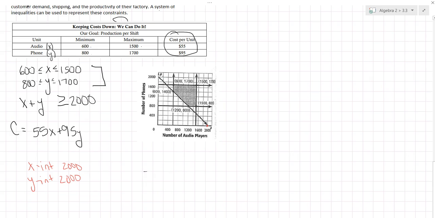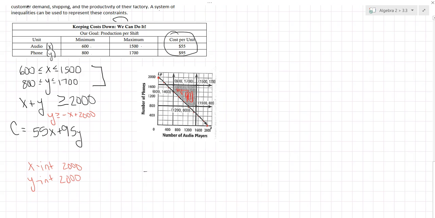If you notice on the graph over here, the x and y-intercepts were indeed 2,000. You could have also solved for y and got y is greater than or equal to negative x plus 2,000. And then the slope is down 1 over 1. And since we're going by the same scale of 200 on each side, you can actually go down 1 over 1. So now that we have our graph, we have 5 vertices for our shaded region.